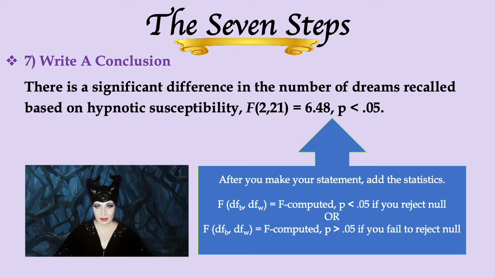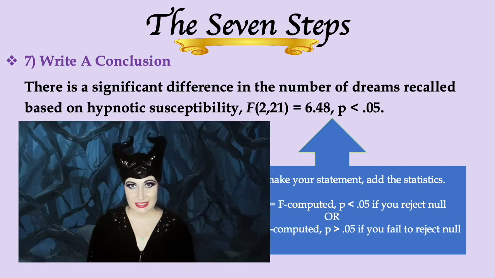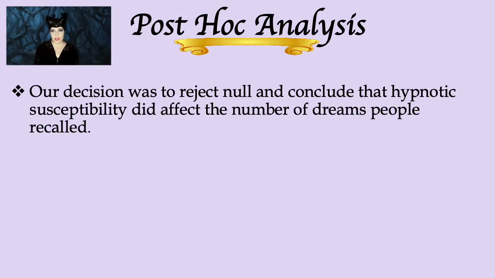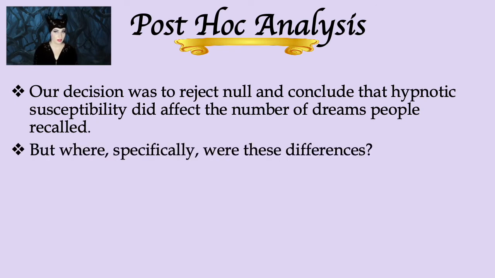So it's a similar process to how you would report T values, but now you have F instead of T, and you also have 2 degrees of freedom instead of just one value in the parentheses. Otherwise, the rule, the procedure for the greater than or less than P value stays exactly the same as it did for the t-test. So our decision was to reject the null and conclude that hypnotic susceptibility did affect the number of dreams people recalled.